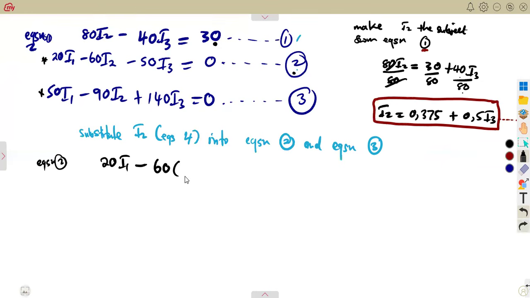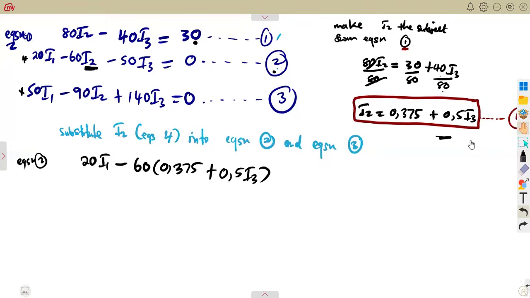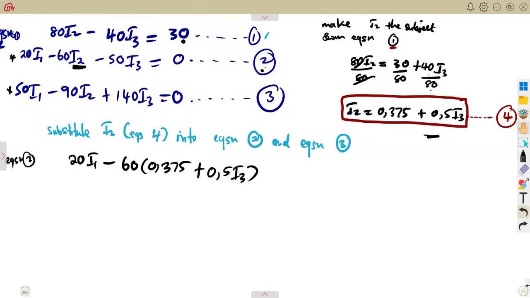You're now substituting 0.375 plus 0.5 I3 in place of I2 from our equation 4. We have got minus 50 I3 there, which is equal to 0.